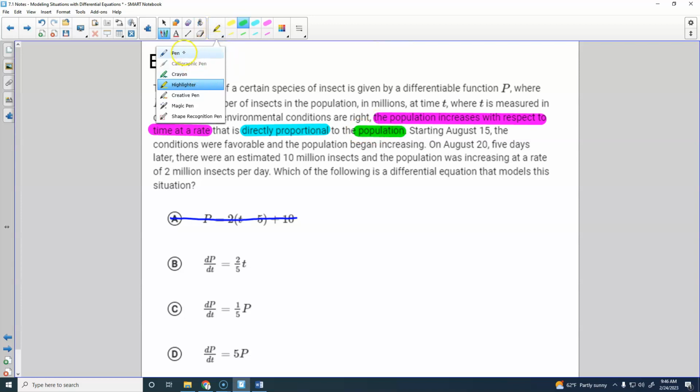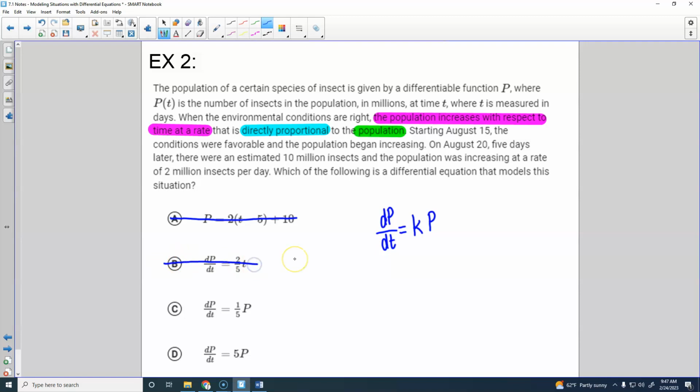So this is telling us that we've got dp dt is going to equal some k right here times p, not times our t. So we're going to throw out b as a possibility as well.